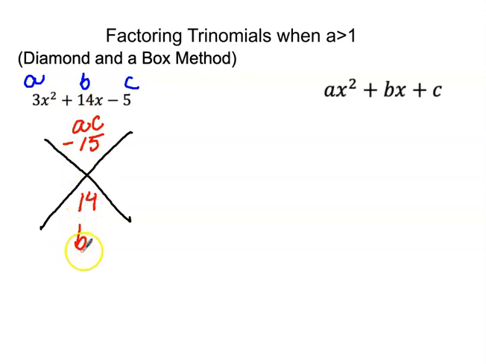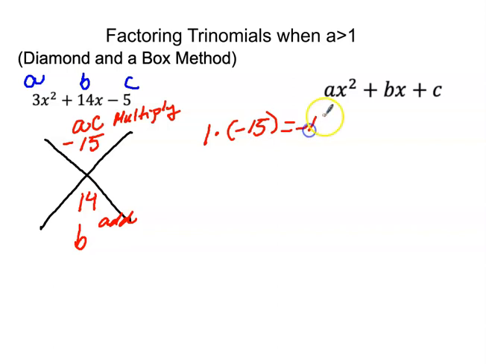Okay, so now I want to find two numbers that will multiply to negative 15 and add to 14. So let's see. If we take 1 times negative 15, we get negative 15, and then 1 minus 15 gives negative 14. So that's not gonna work.